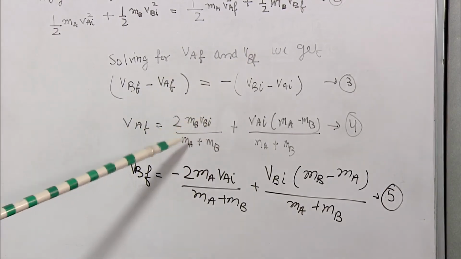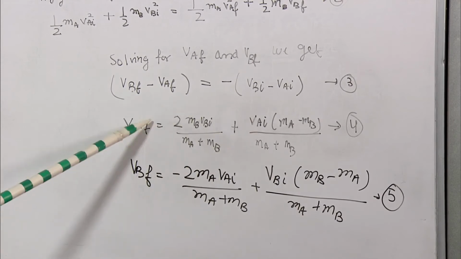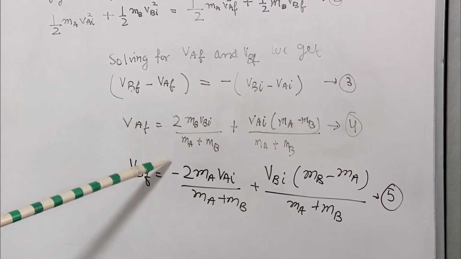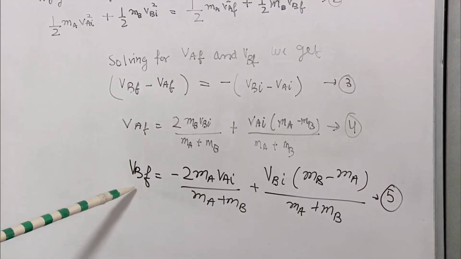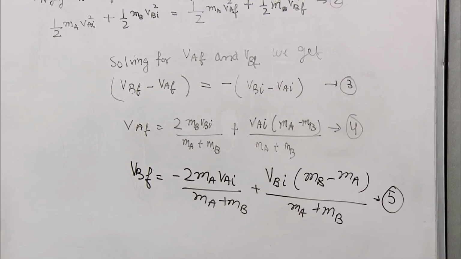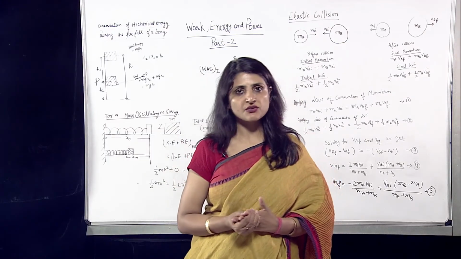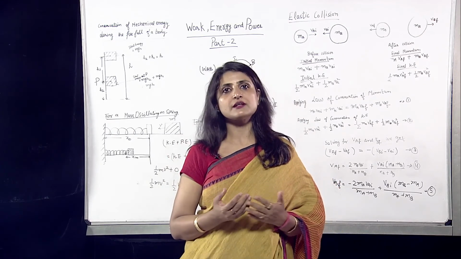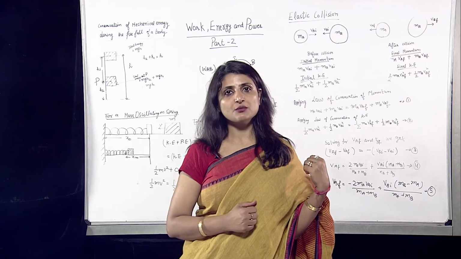All these quantities are given to us, and we can put different conditions on these collisions and always calculate VAF and VBF. So we can come out with special cases of elastic collision, and the result is known to us simply by these equations.